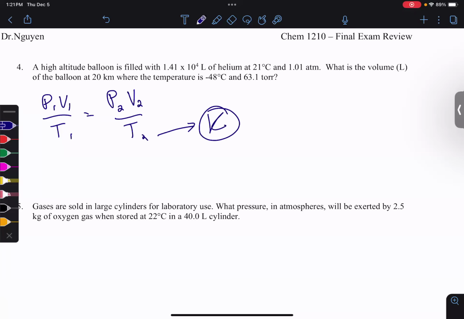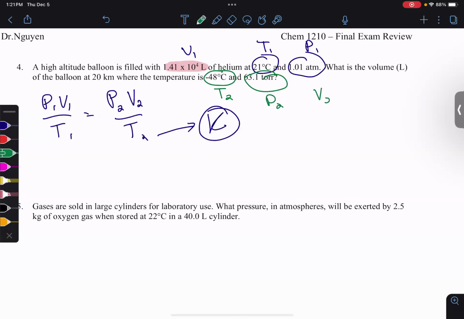Okay? So here in this question, here is V1, this is T1, this is P1. I give you a new temperature, so here's T2, and then here is P2. Go ahead and solve for V2. So again, make sure that your units match.